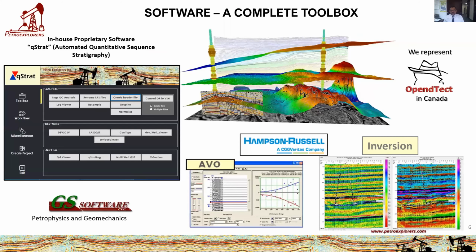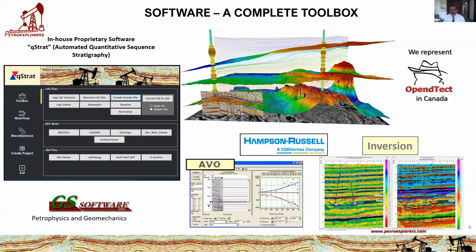On the software side, since the beginning, we have been OpenDetect's representative in Canada, and we've worked with a lot of OpenDetect tools, with inversions and sequence stratigraphy and a lot of plugins. We work with Chimney analysis and others.